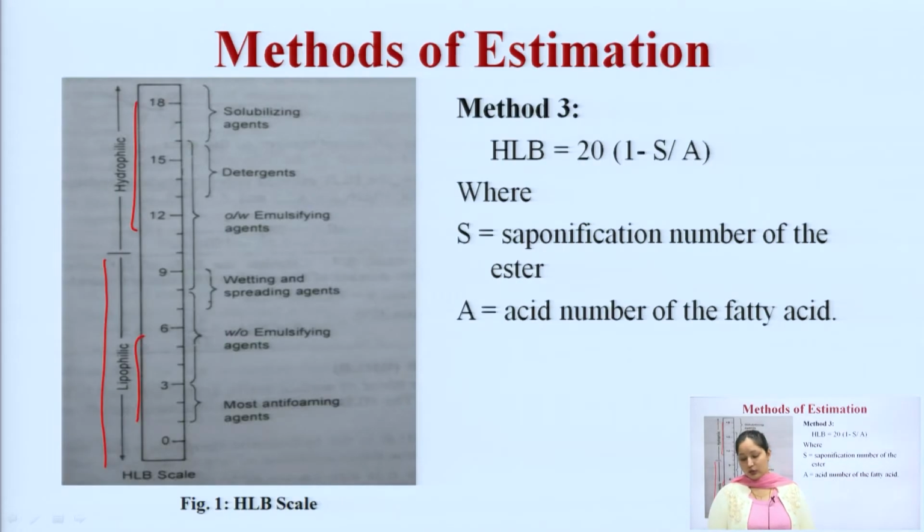If we look at this figure, the HLB scale from 1 till 20 is categorized into certain ranges. For example, 1 to 3, the emulsifying agent is more antifoaming in nature, then 3 to 6 water in oil type of emulsifying agent, and so on.